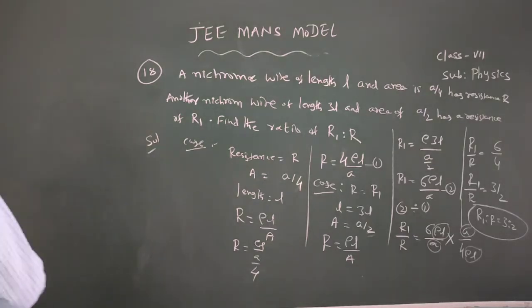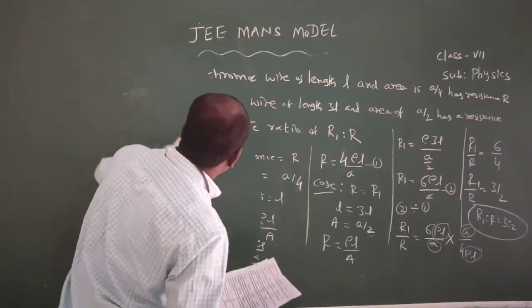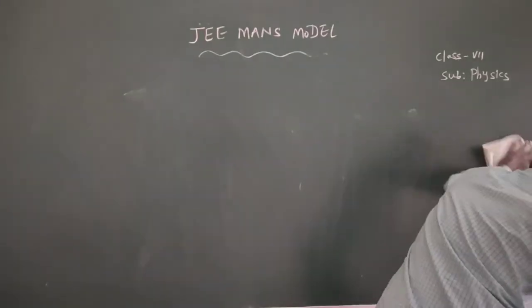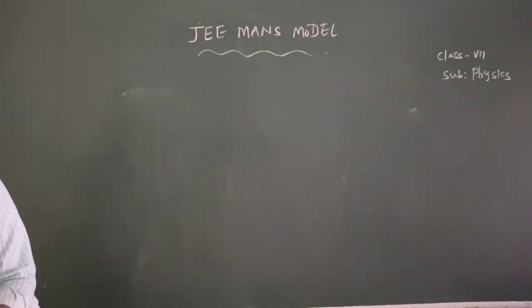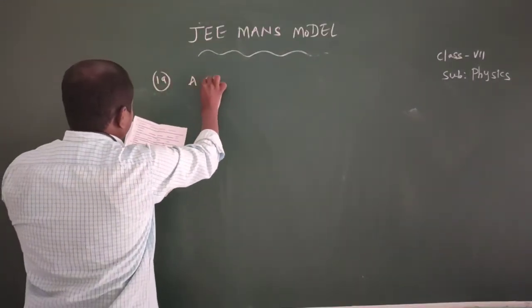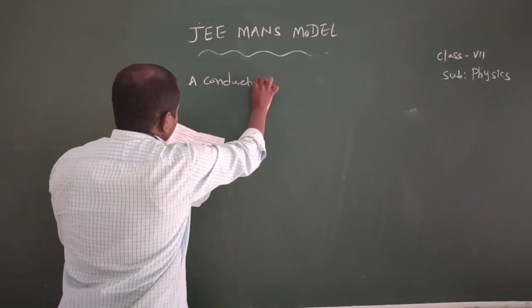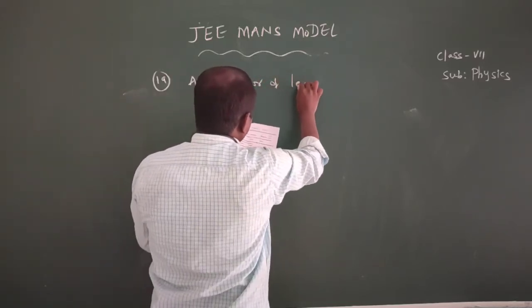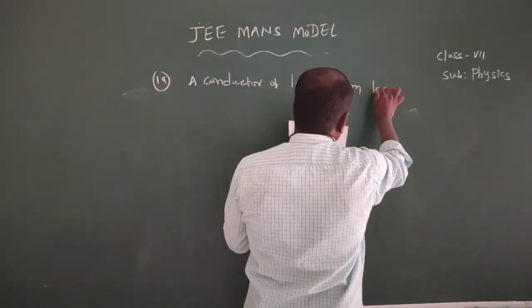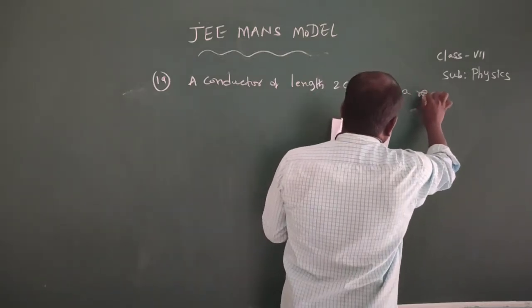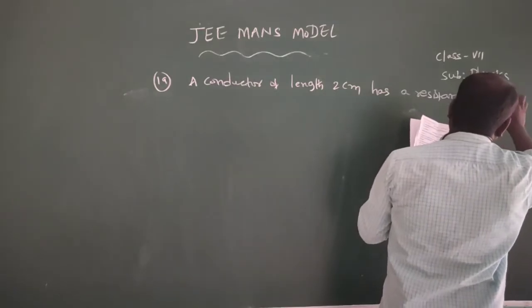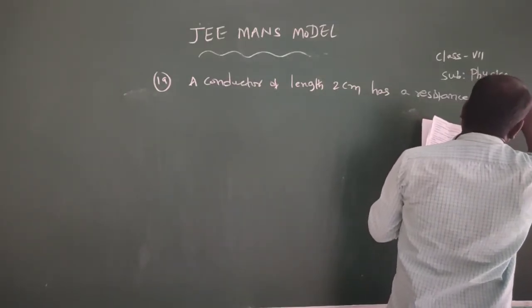Next question, the 19th one. A conductor of length 2 centimeters has a resistance of 4 ohms.